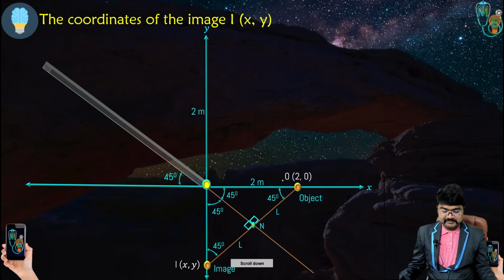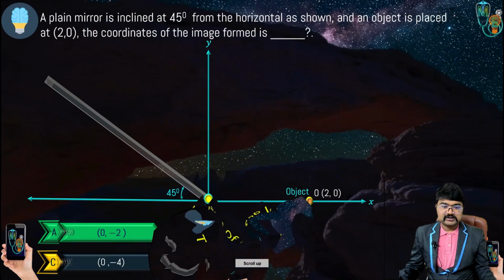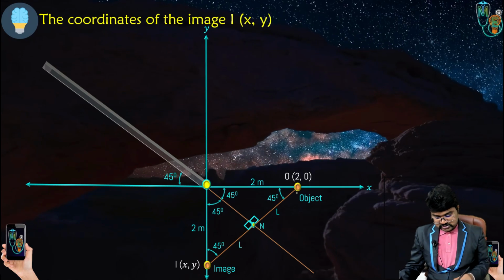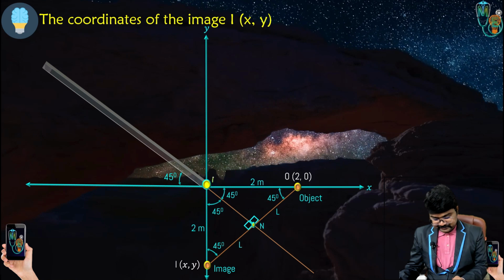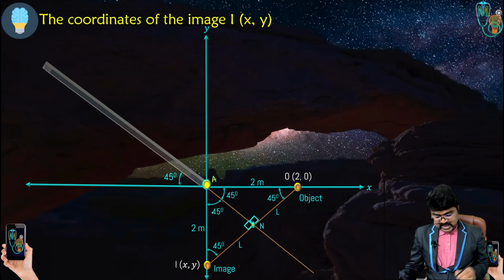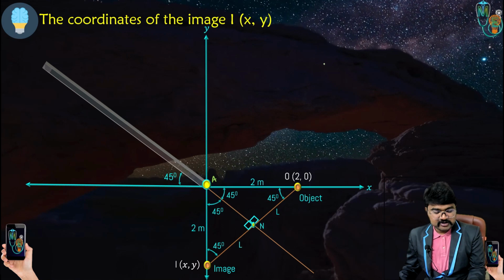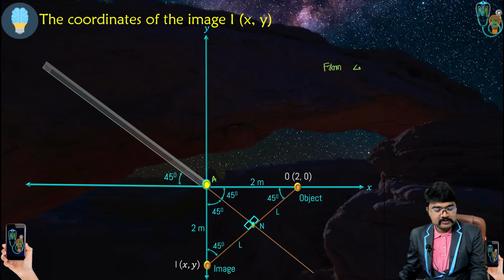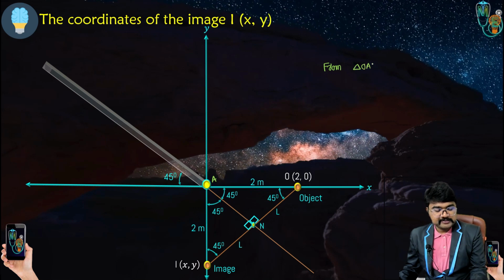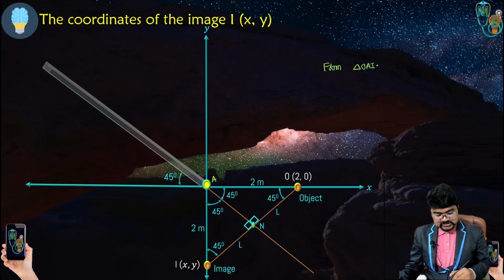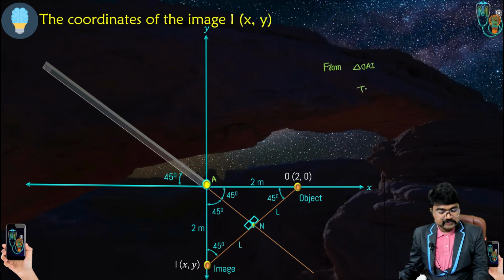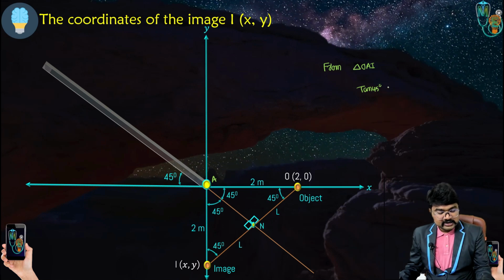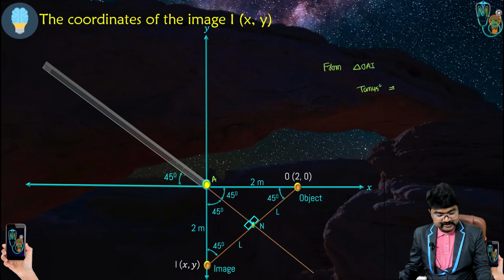So from this triangle, this would be maybe A, from triangle OAI, tan 45 degrees equals how much are you getting?